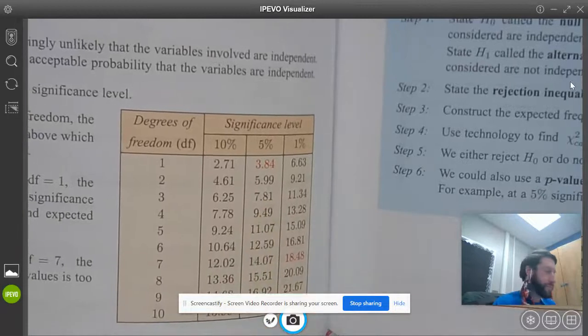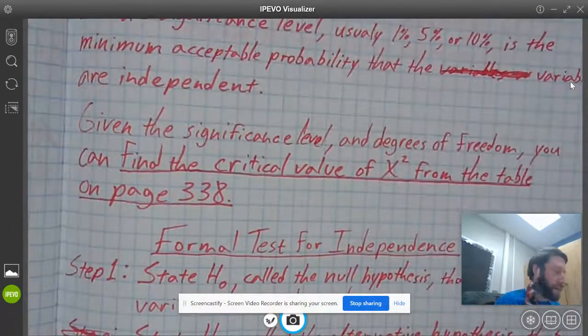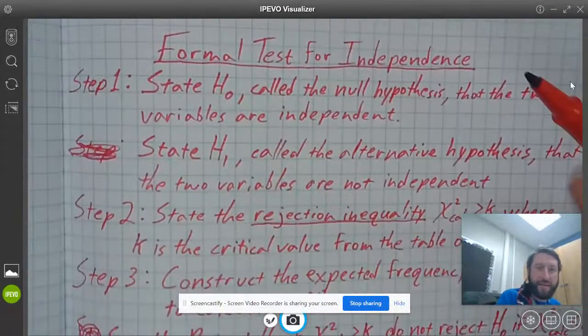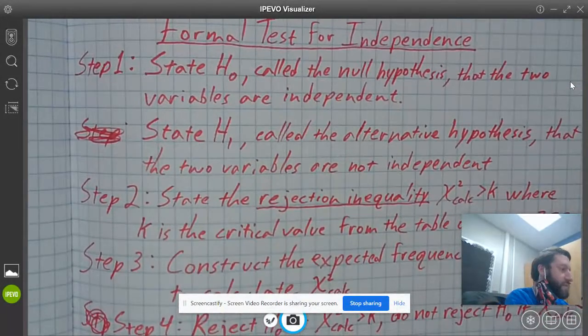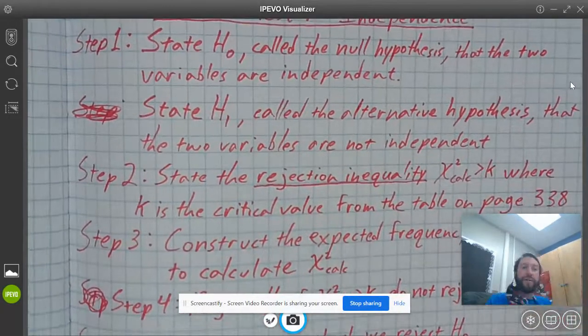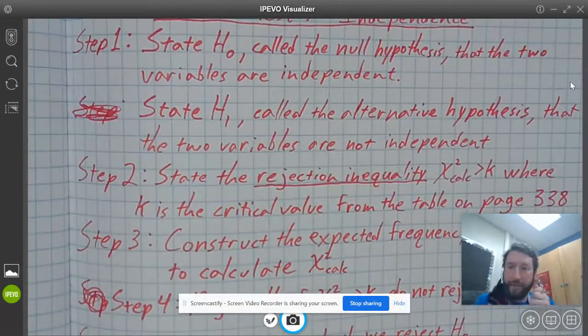With that out of the way, now we can get into the formal test for independence. There are different steps here. Just follow the steps. Your very first step: state H null. This isn't H0 or H sub 0; this is called H null, the null hypothesis.